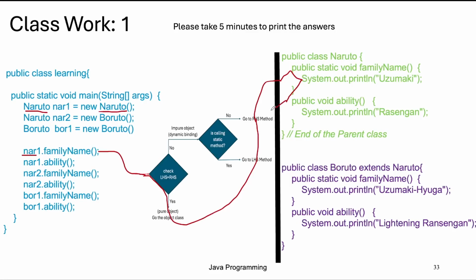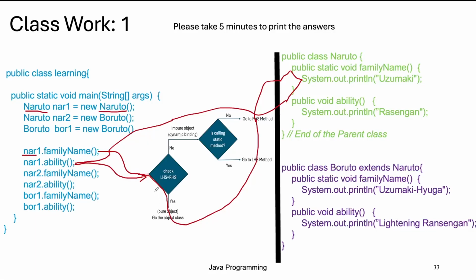Okay, and once it is done, the compiler comes to the second line, nar1 dot ability. So again the compiler goes to here. For nar1 it is a pure object, that is LHS is equivalent to RHS.